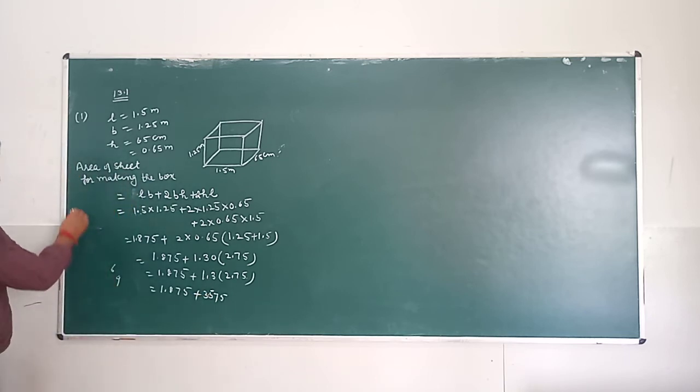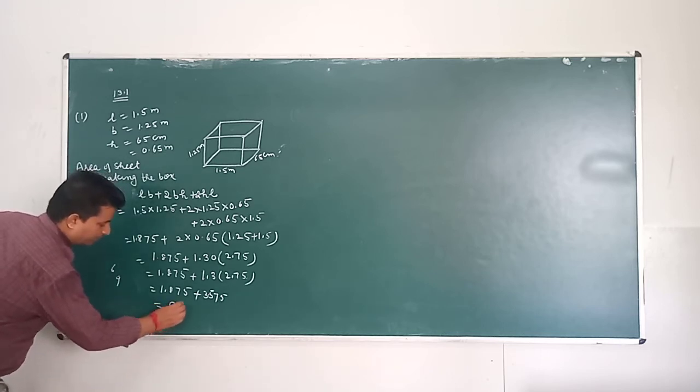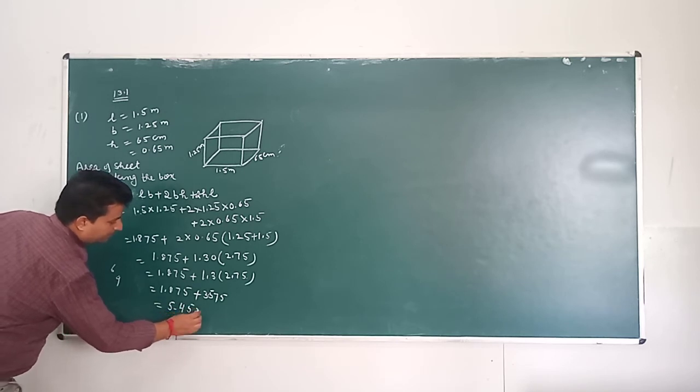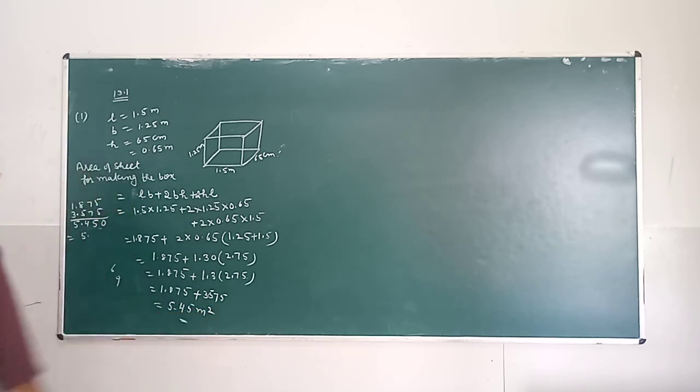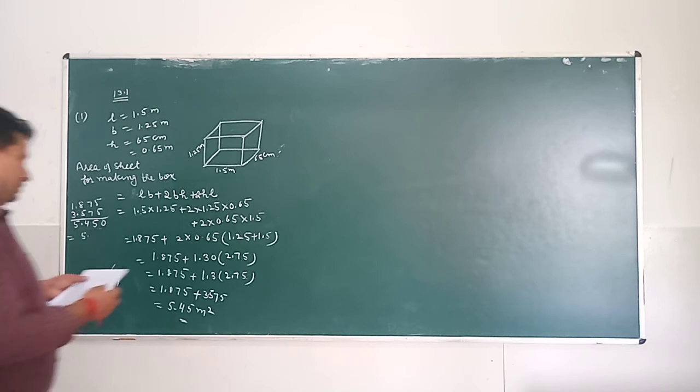When we add these, 1.875 and 3.575, this is 5.45. So 5.45 meter square is the area of sheet required.